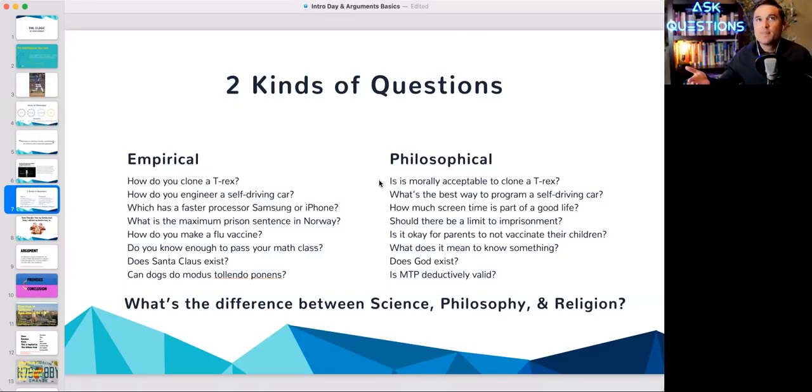You don't need a certain background in mathematics or chemistry or physics or a certain graduate degree to at least begin to tackle these questions. You can do it just as an ordinary person. And that's something that drew me to philosophy in the first place, is it's something that anyone with a good head on their shoulders can do.